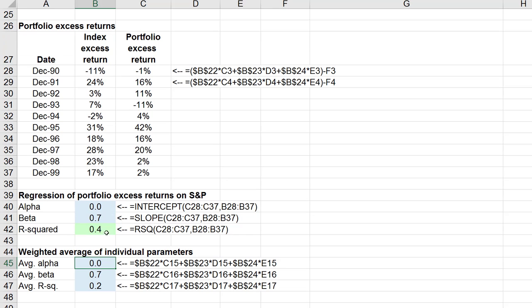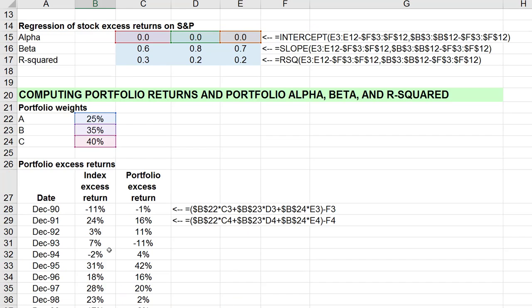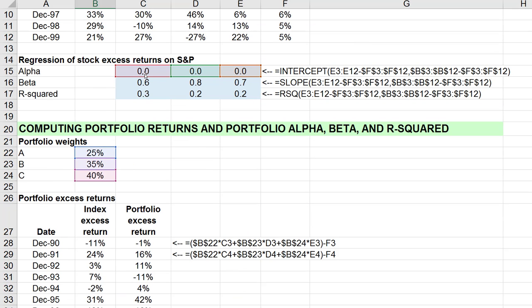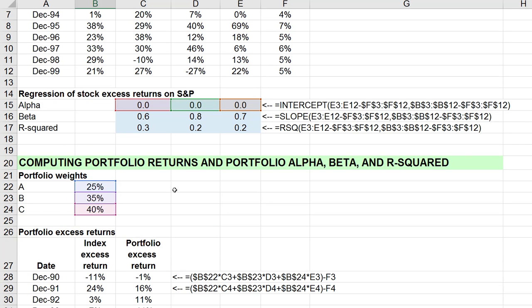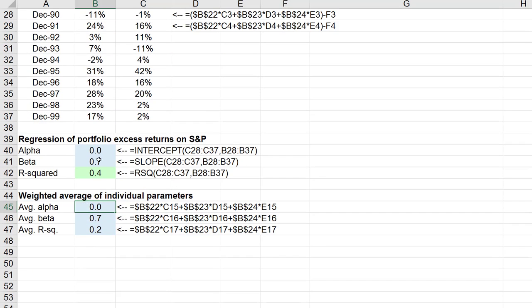And now we're going to compare these numbers with the weighted average of individual parameters that we had earlier. So we've got 25% multiplied by stock A alpha, and then we do it for the beta, and you can see that the results are equal.